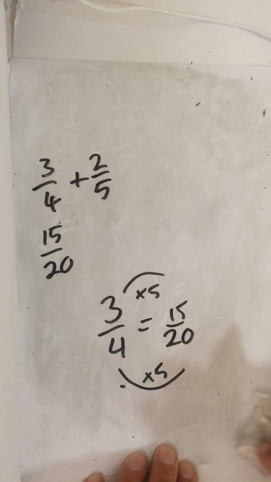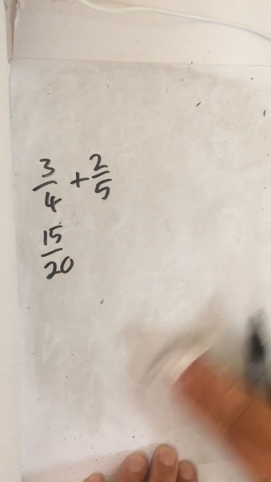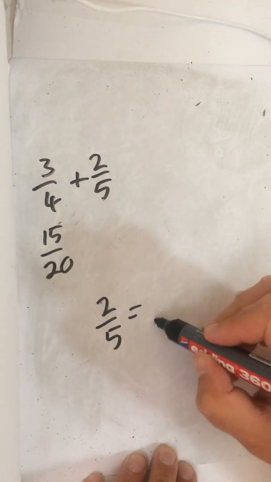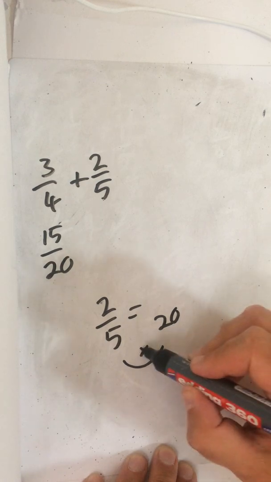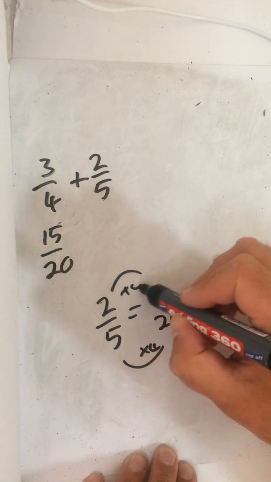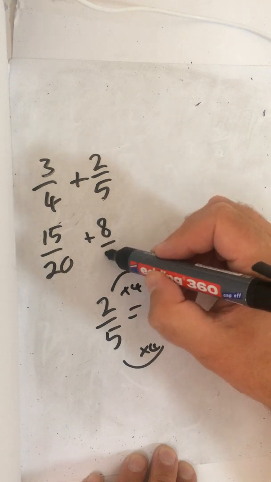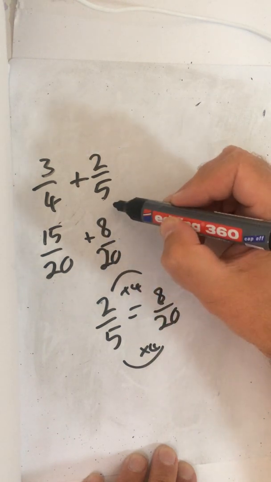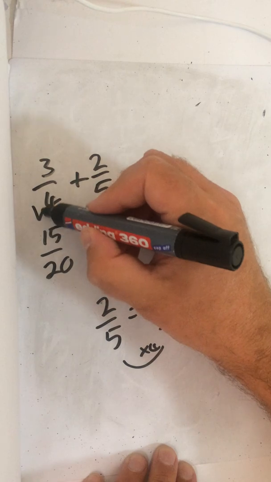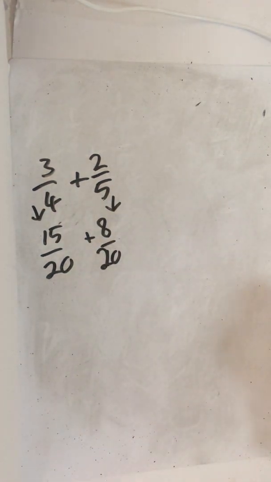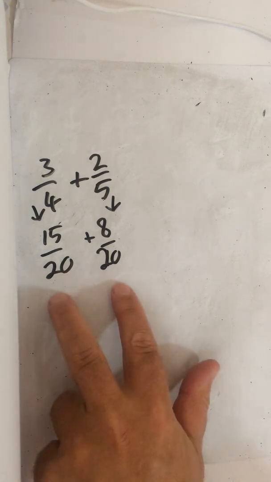I'm going to do the same with the 2/5: 2/5 equals how many 20ths? Timesing by 4, timesing by 4, 8/20. So each time I've converted both of them into equivalent fractions of 20ths.